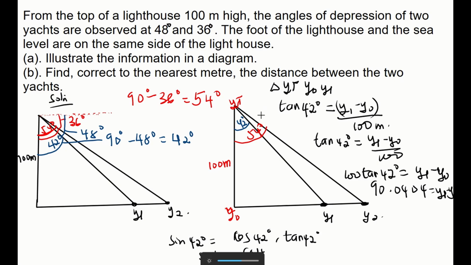Tan 54 degrees is the opposite over the adjacent, where the opposite is now the length from y naught to y2, which is y2 minus y naught, over 100 meters.